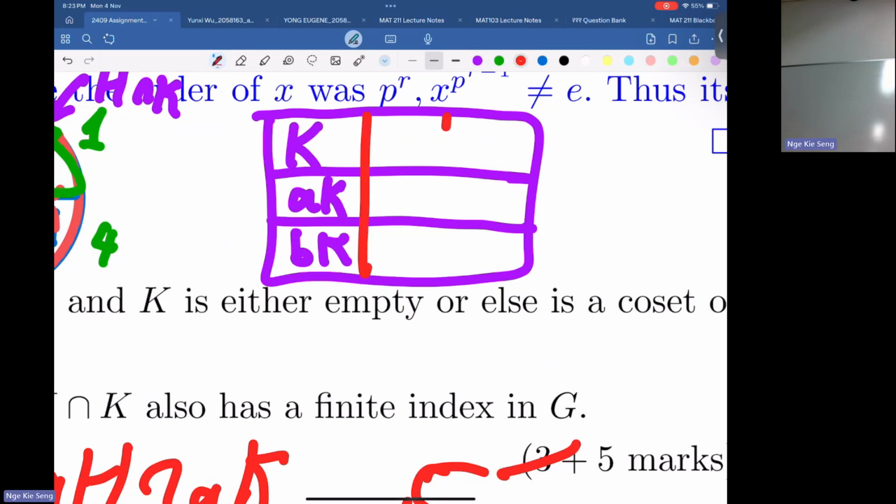Maybe you can slice like this. How to slice like this? Maybe H, and then not B, use another one, CH, and then FH. Maybe you can have all of them, possibly. So it depends on how you partition.